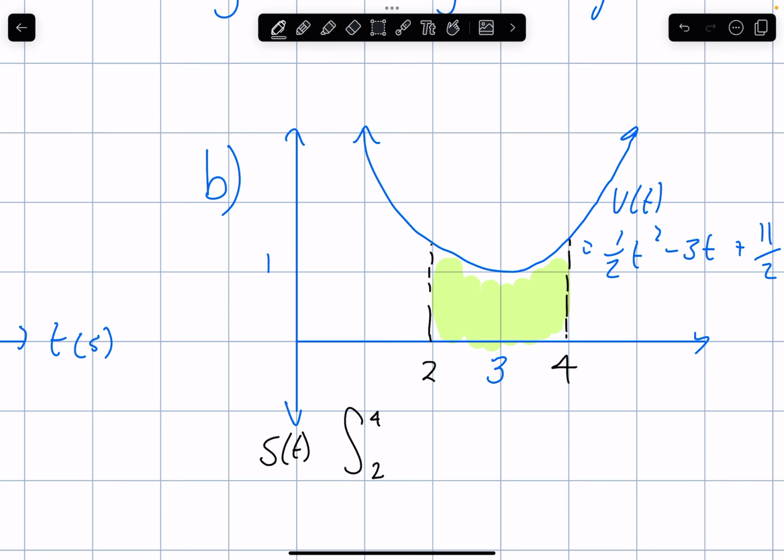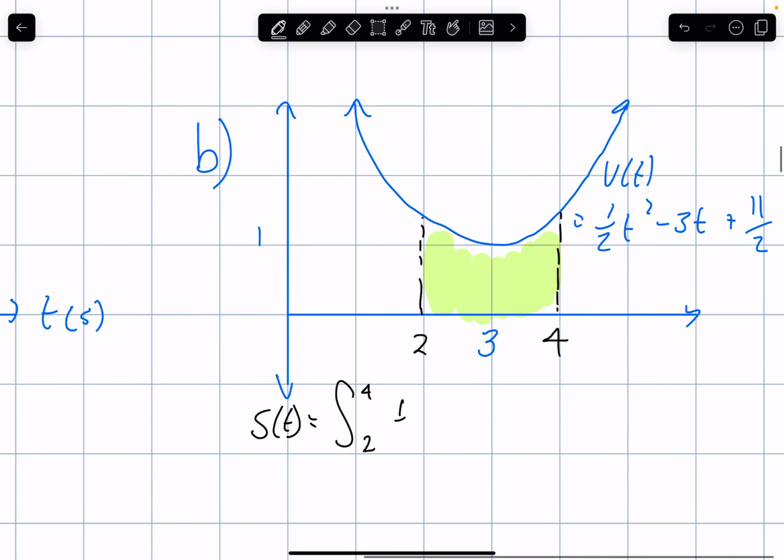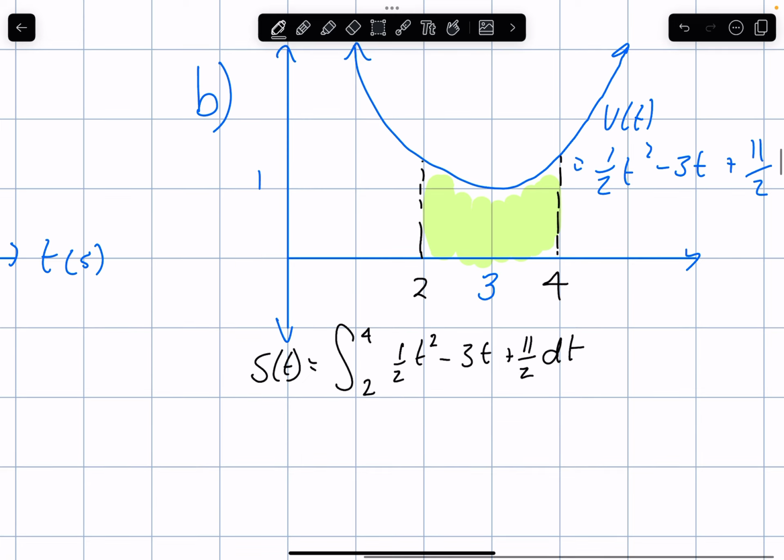So s of t is equal to 1/2 t squared, take 3t plus 11 on 2, dt. Let's have a look at integrating this. This is going to be 1 on 6 t cubed, take 3 on 2 t squared, plus 11 on 2 t, and we're going from 2 to 4.